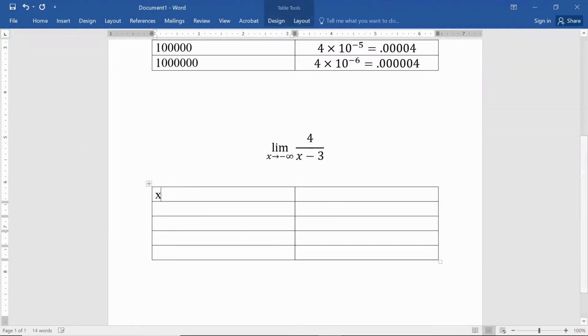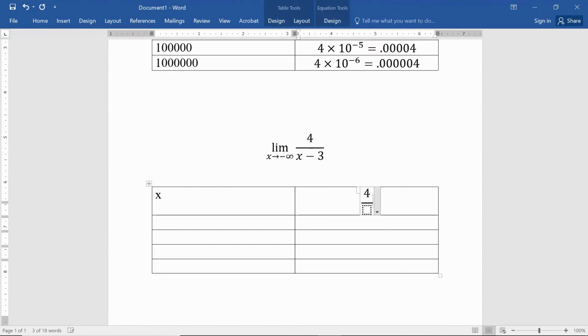As we approach negative infinity, I'm going to plug in negative 100, negative 1,000, negative 10,000, and then negative 100,000. As we do this, just type it in your calculator. You end up with negative 0.0388 when you plug in negative 100.